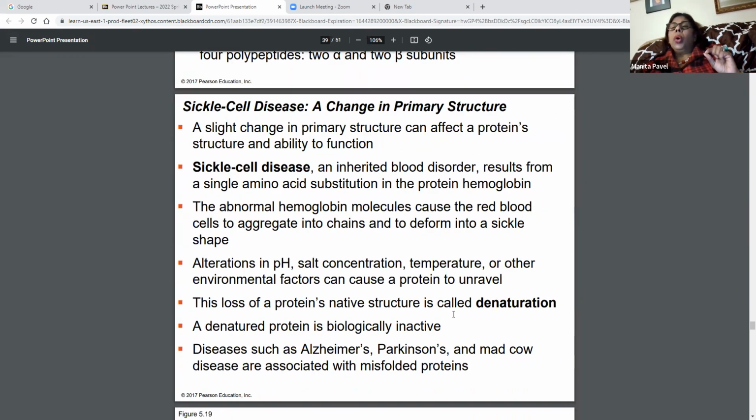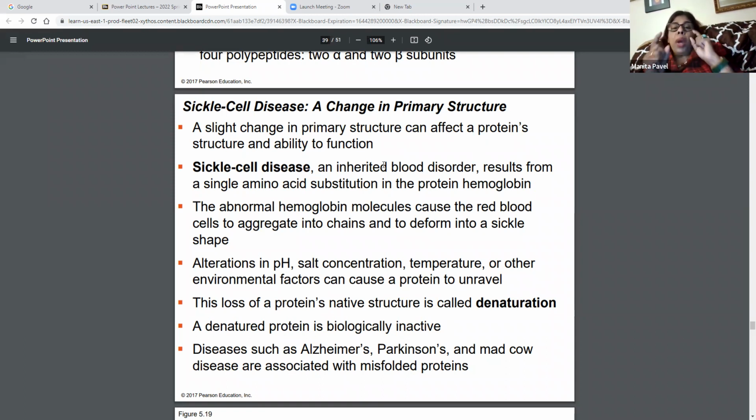Now, also with the same token, we connect it with the disease called sickle cell anemia. Sickle cell anemia, or sickle cell disease, is an inherited blood disorder which results from the substitution of one particular amino acid in the protein hemoglobin.